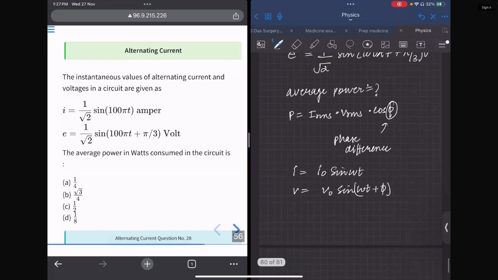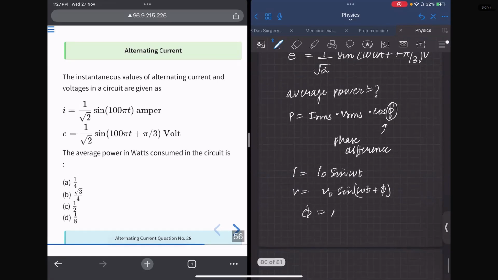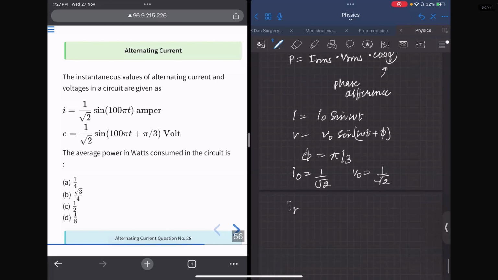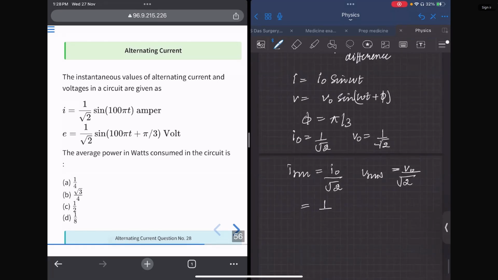So firstly, we can say phi is pi by 3, and I naught is equal to 1 by root 2, and V naught is also 1 by root 2. And IRMS is I naught by root 2, whereas VRMS is V naught by root 2. So IRMS comes out as 1 by 2, and VRMS comes out as 1 by 2.